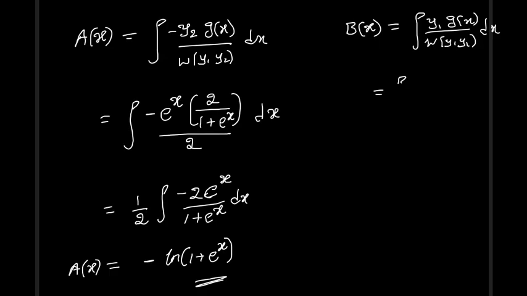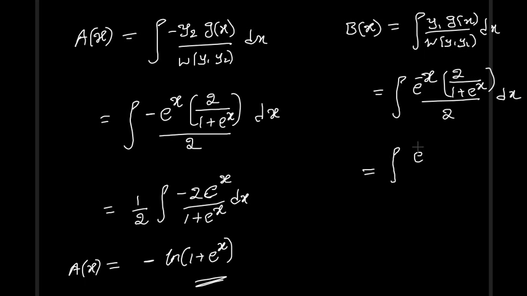So this will give me integral of y1, which means e power minus x here, and g of x, you know, that is 2 over 1 plus e power x, by 2 into dx. I hope we can cancel 2 on 2, and here what you have is e power minus x over 1 plus e power x into dx. Okay, now we need to think about its integration.